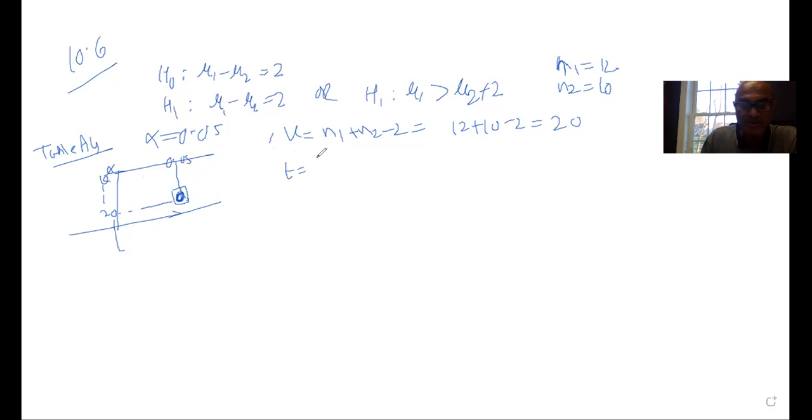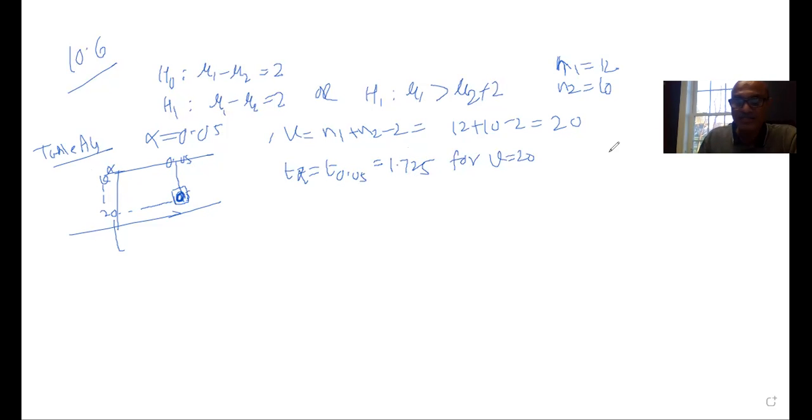So T alpha, or T 0.05, is equal to 1.725 for V equal to 20.